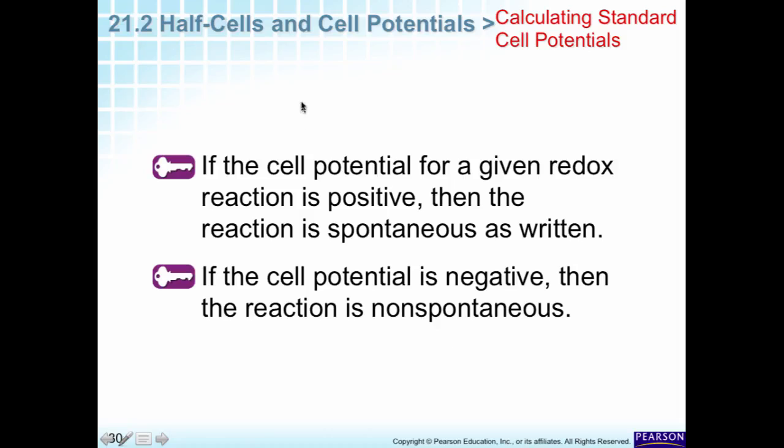So if the E0, that's the cell potential, of the cell is positive, then it's spontaneous. Otherwise, it's non-spontaneous. So if it's negative, it's non-spontaneous.